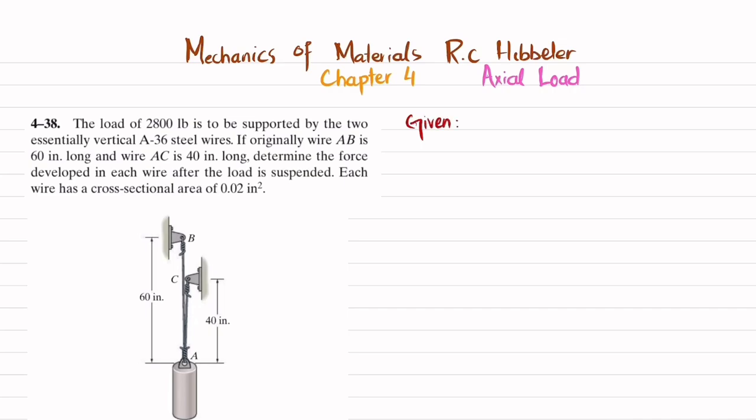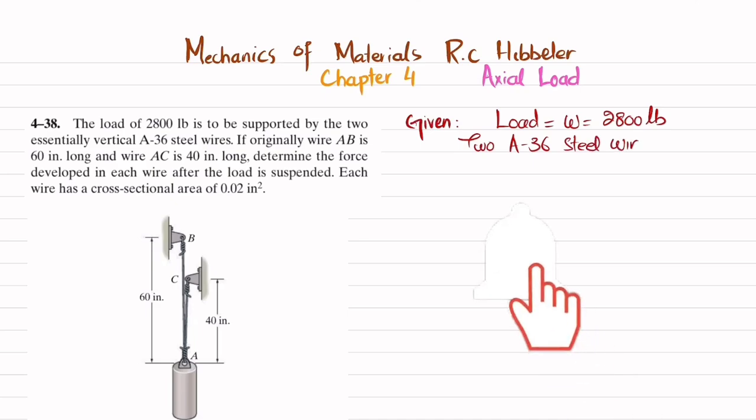We have been given the load, which is 2800. So let this load W be equal to 2800 pounds, and A36 steel wire. Clear?